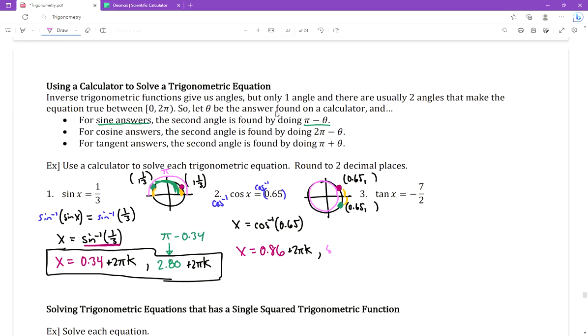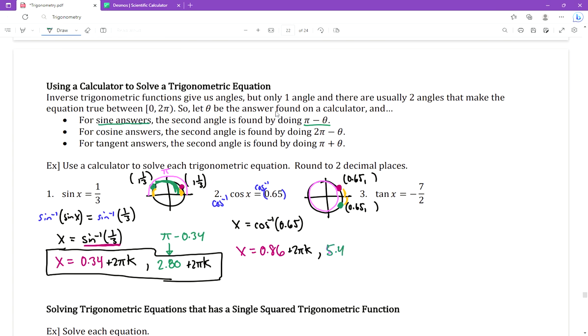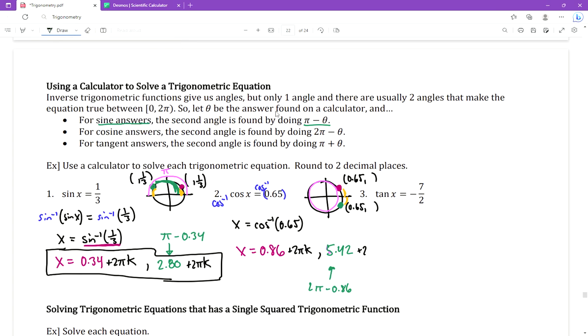Okay, so in green, oops, that's pink. So that was the 2 pi minus the 0.86, 5.42. And then like the previous answer, they want all solutions, so we should just do plus 2 pi k. Okay, so there's our two answers that time.